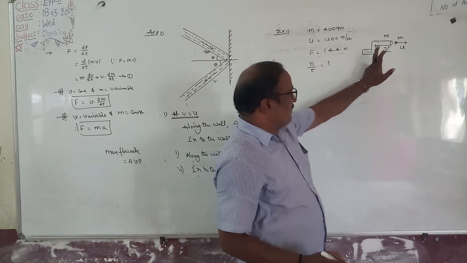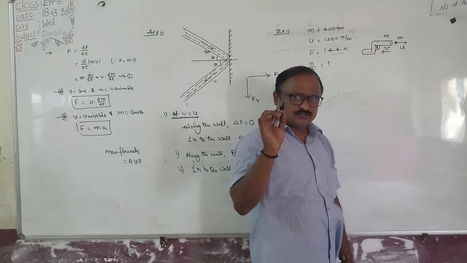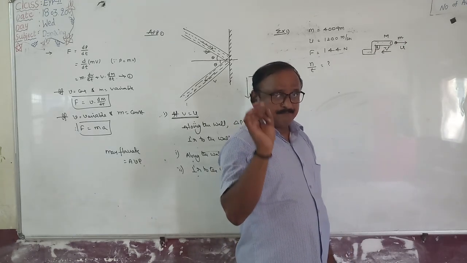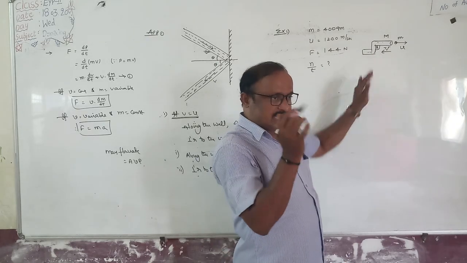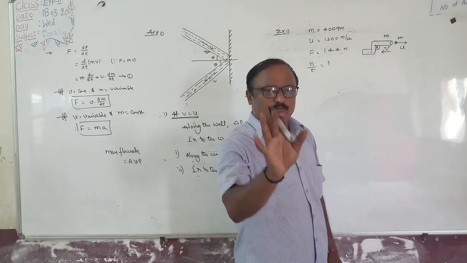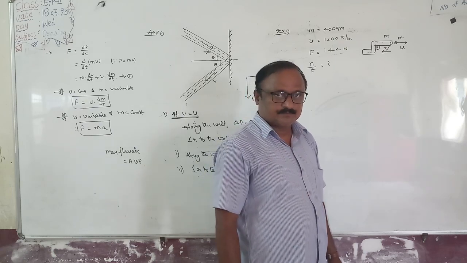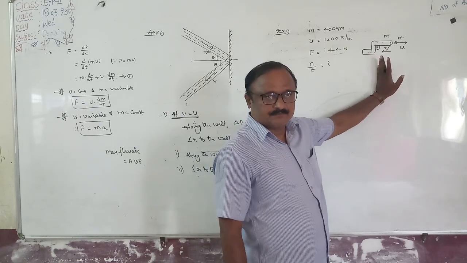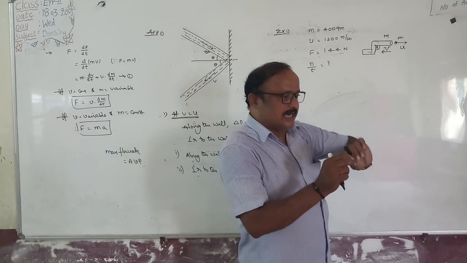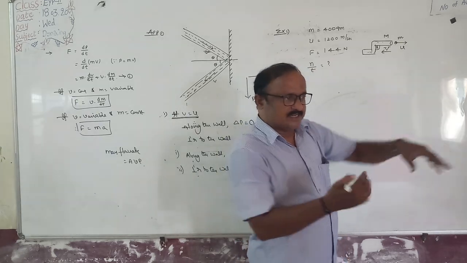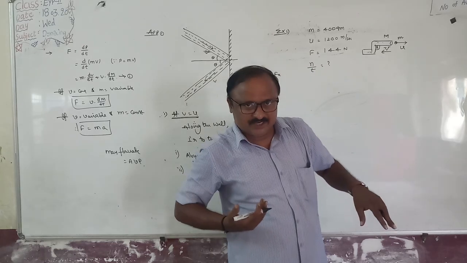Compulsory here, firing of the gun. You should follow the initial concept. Initially, the gun and bullet before firing are both at rest. After firing, the bullet is moving in the forward direction and the gun kicks in the backward direction.